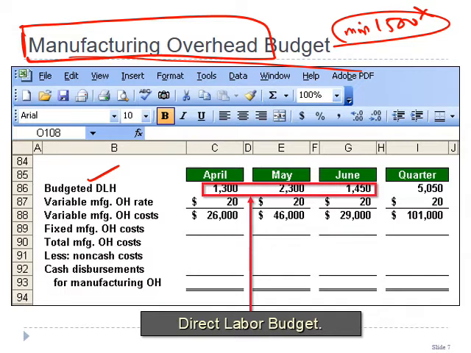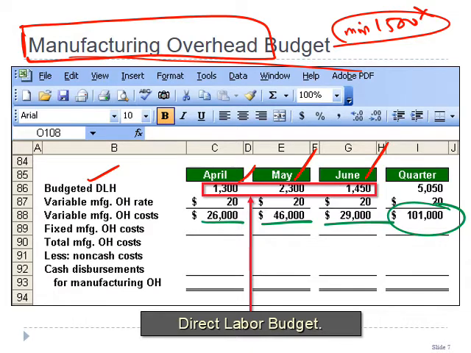So in April, direct labor hours needed 1300, 2300, 1450, and we know that the variable overhead is 20. So you just multiply this with 20 and your answer is 26,000, 46,000, 29,000. So this is the quarter total variable overhead.